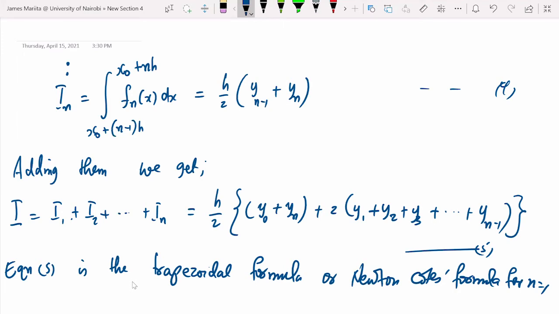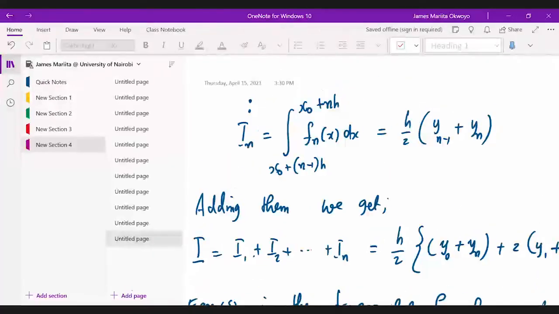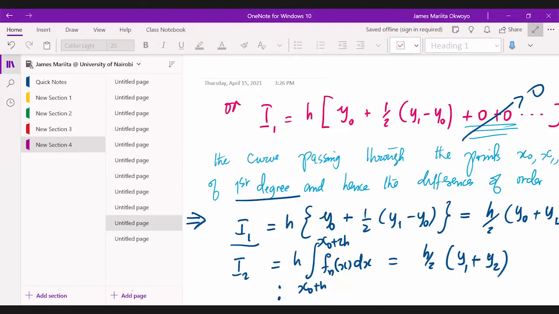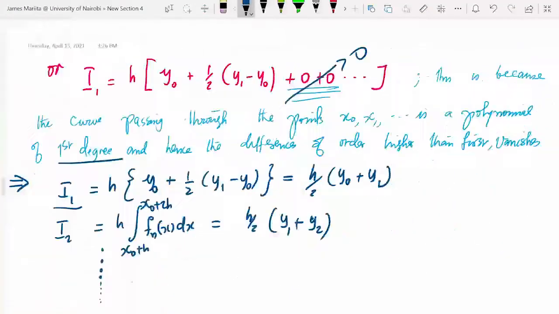So I hope you are seeing how we are coming up with equation 5, because if you look at this, we are summing them up. So look at this one.